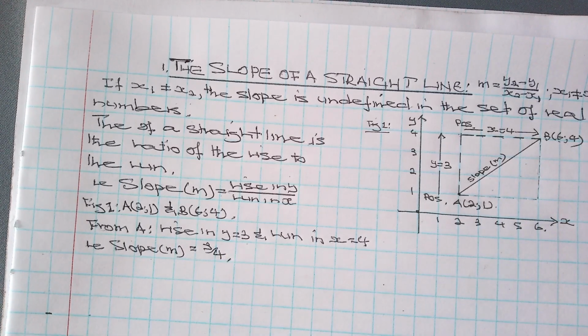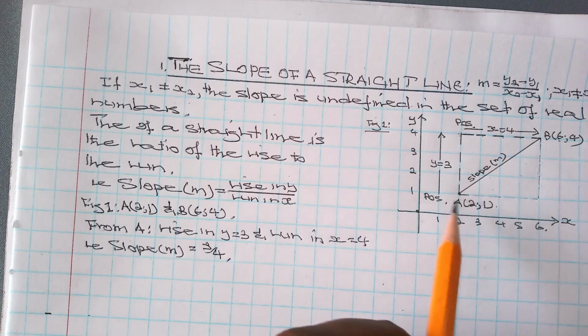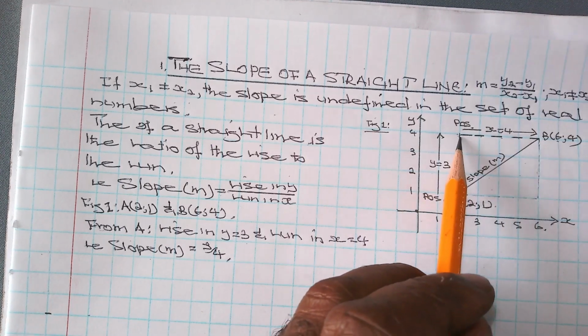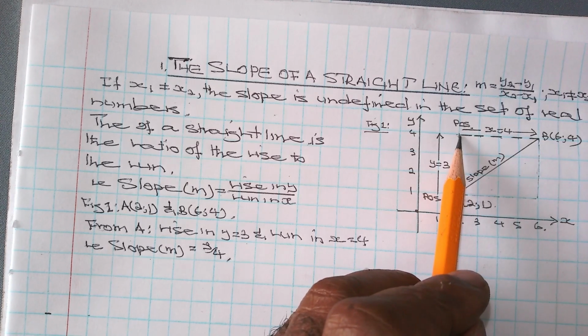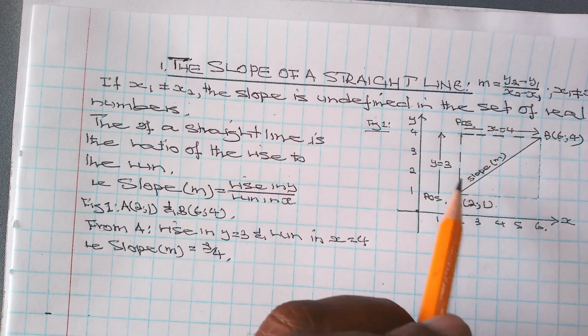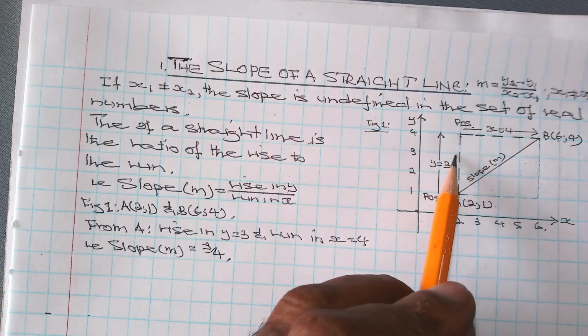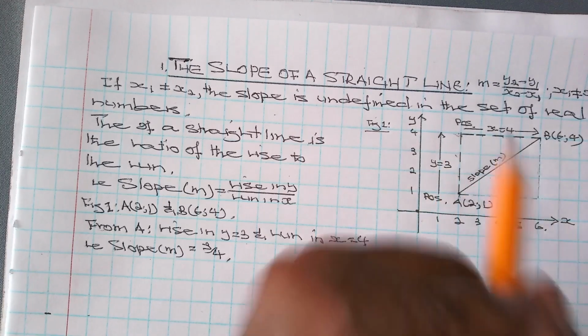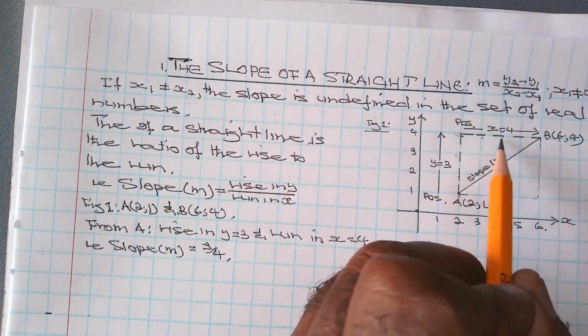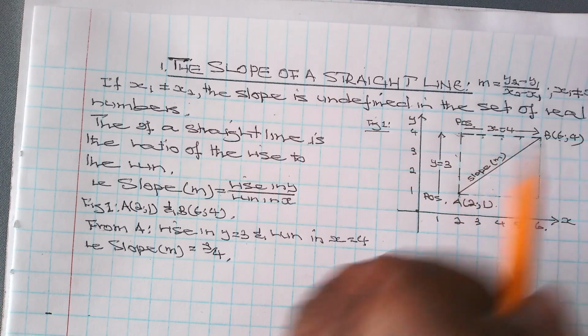Now, let me show you what I'm talking about. From A to the line B at y equals 4, we move from A 1, 2, 3 in y, and then from here to B 1, 2, 3, 4.